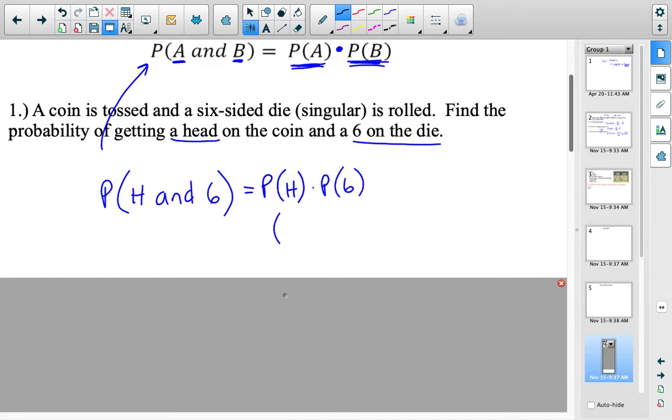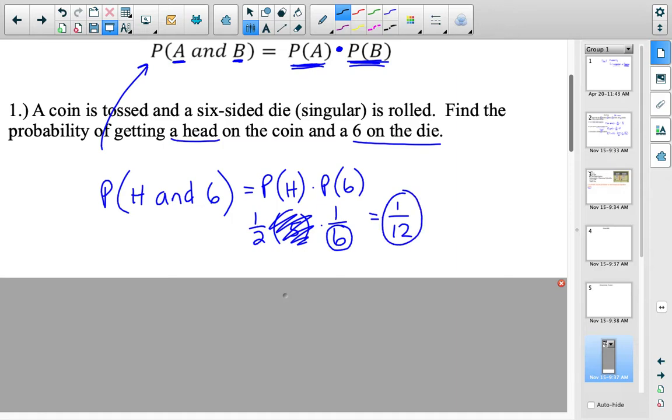Probability of a head obviously is 0.5 or 1/2. Maybe actually let's write that as 1/2 so we have fractions. Times the probability of getting a 6 on a die is 1/6. There's only one 6, and there's 6 total faces to a die. So that is 1/12. In fact, if you have a coin at home and a die, I would encourage you to try it.